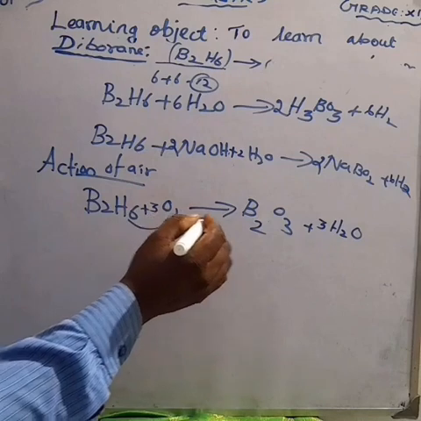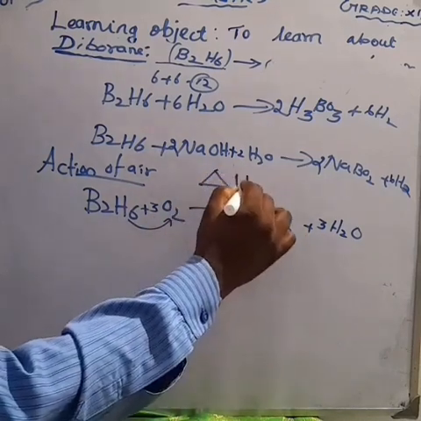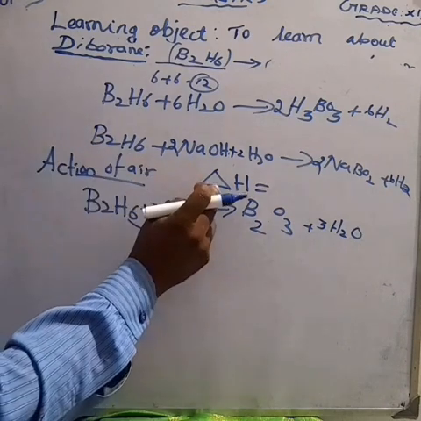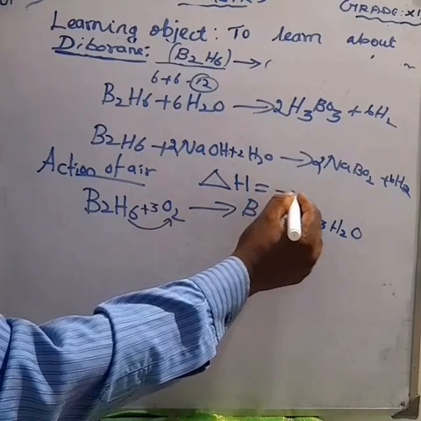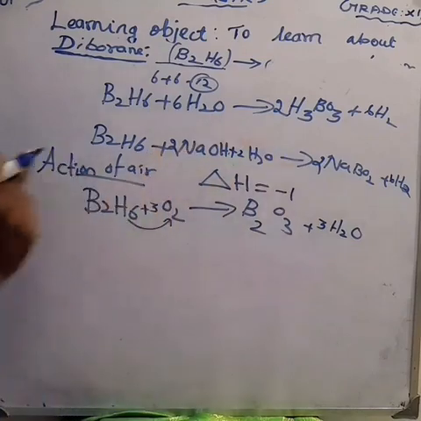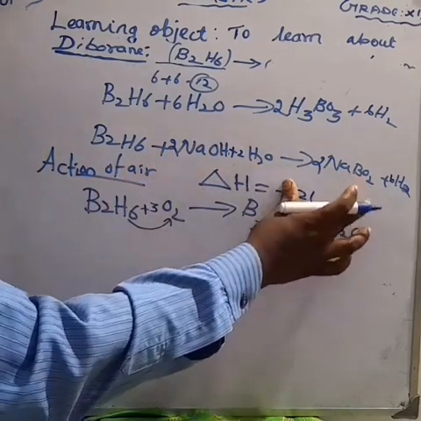My dear children, we have to mention how much amount of heat is liberated, am I right? That is the enthalpy of the reaction, delta H is equal to minus 2165 kilojoules per mole.